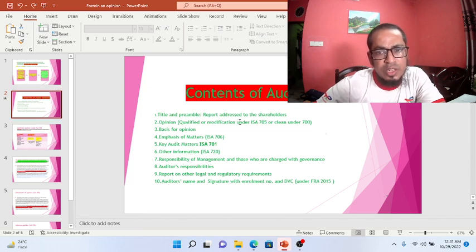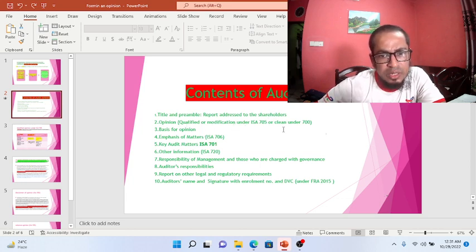Next slide, contents of audit opinion. Title and preamble: report addressed to the shareholders. Opinion: qualified, modified or clean, anything.